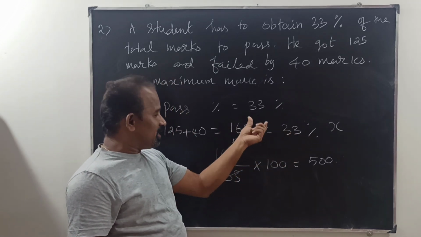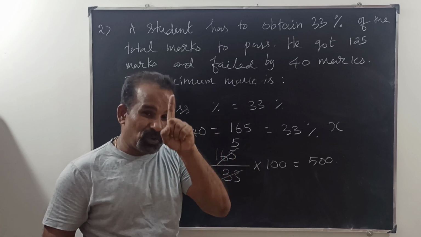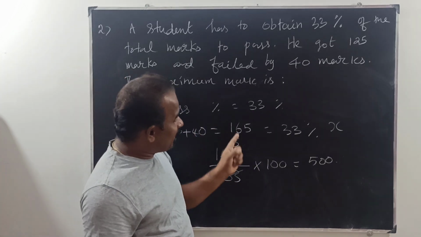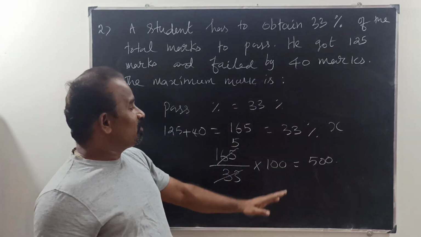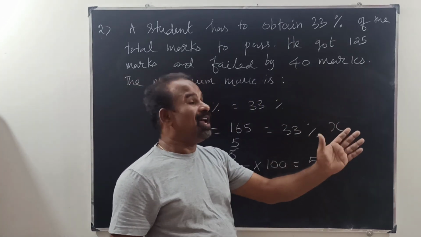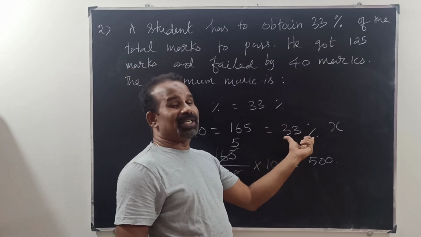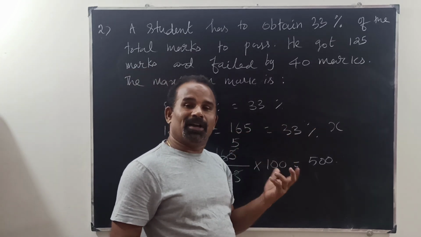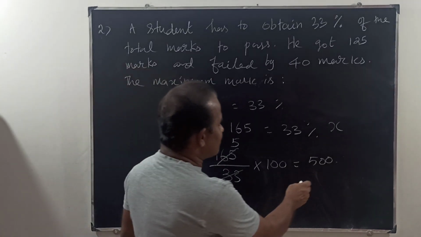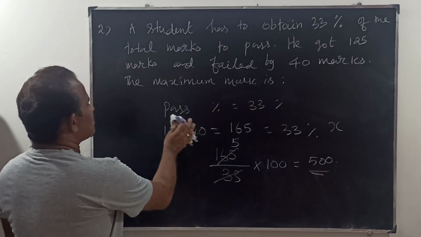If 165 is divided by 33, you will get 1%. If you multiply it by 100, you will get 100%. The maximum mark is 100%, out of which 33% is the pass mark. So the answer is 500.